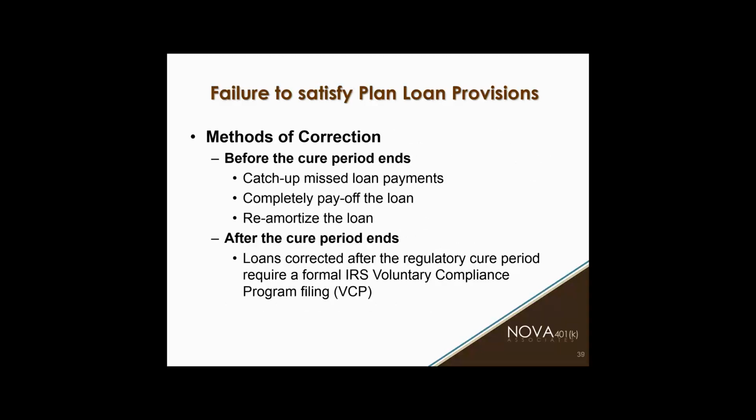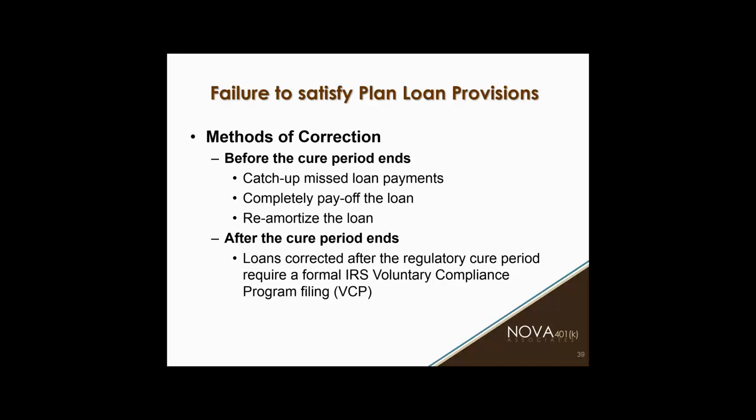So what are some of the methods to fix a loan that becomes delinquent? You can cure it or fix it before the cure period ends. That means you either have to make up the missed loan repayments, the participant can pay off the loan in full, which is probably not going to be one of the ways they do it, or you have to refinance the loan.